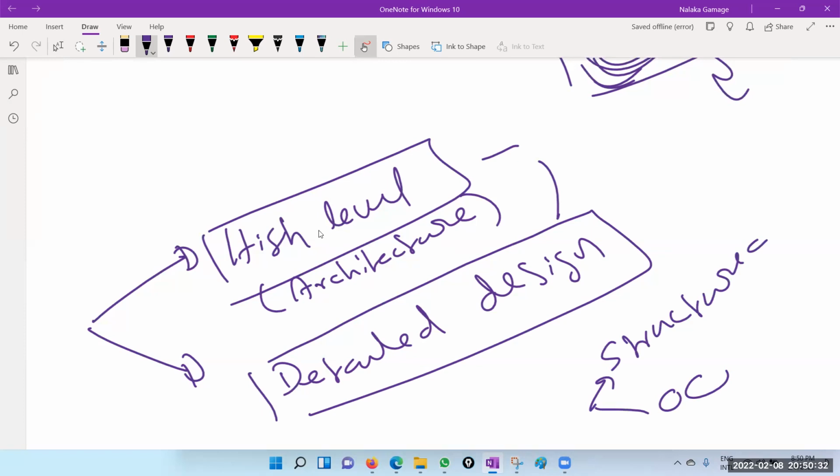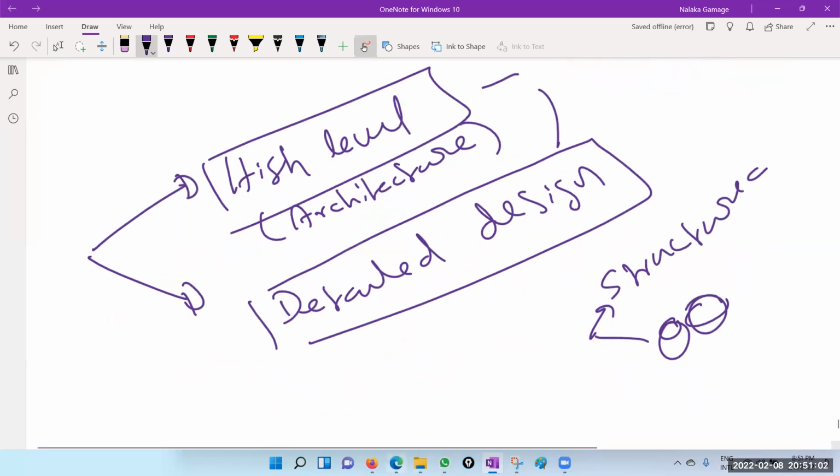Certain things are common, but certain things, especially detailed designs, depend heavily on whether you go for structured or object-oriented. The way we design systems in a structured way, we have certain concepts, and when we design a solution using object-oriented, we definitely have a different way of thinking, different concepts, and that means different architectures. Okay, right.